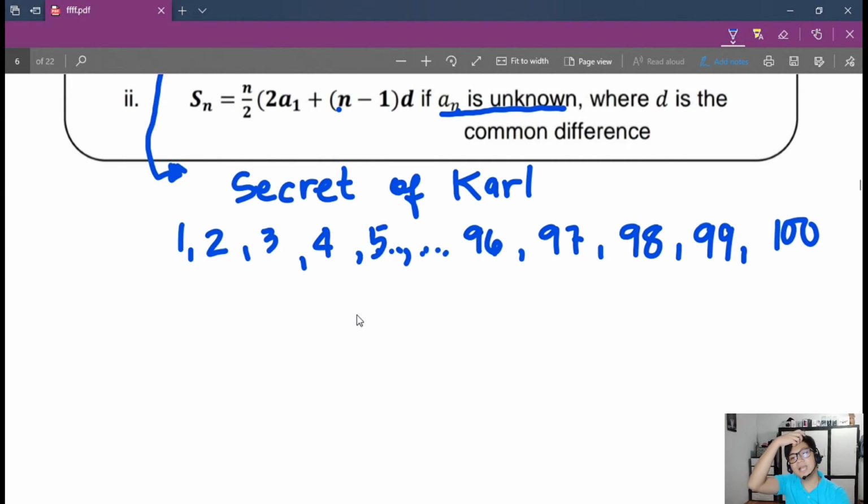So syempre, ang gagawin mo as student, you're going to add lahat. So, 1 plus 2 is equal to 3 plus 3 again. So, masyadong matagal. So, lahat ng mga kaklase ni Carl nahihirapan mag-solve. Inabot sila ng mga 1 hour para isolve.